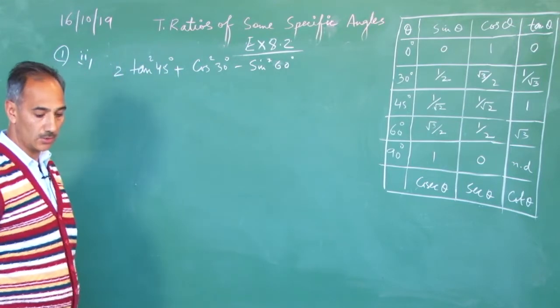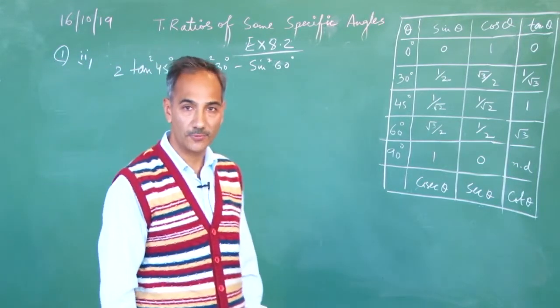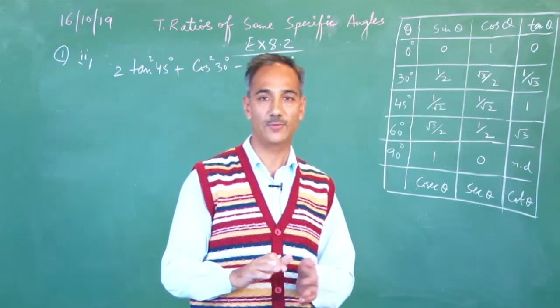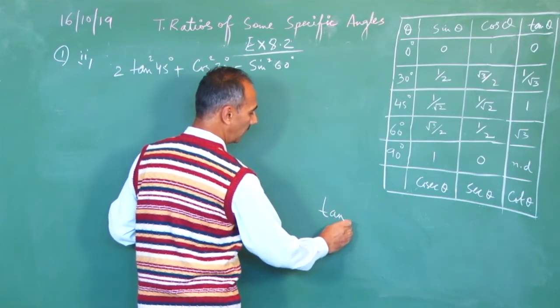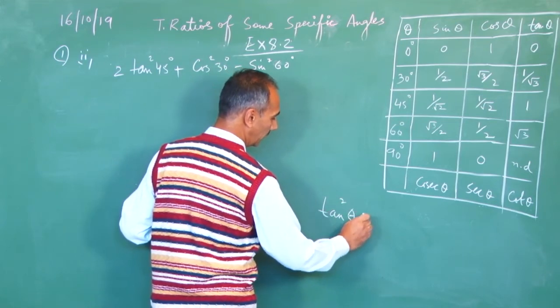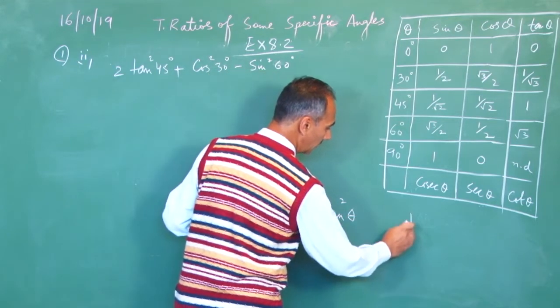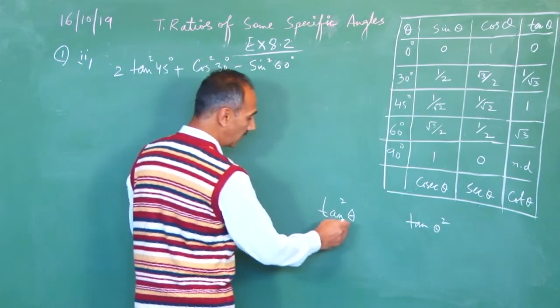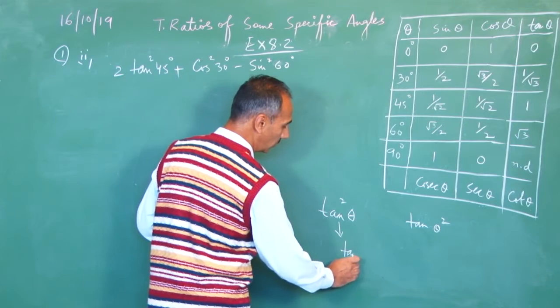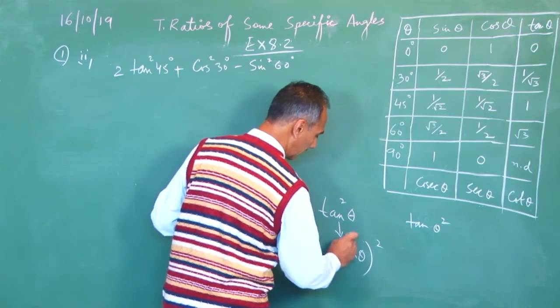So what do you mean by tan square 45? It means the value of tan 45, square that. There shouldn't be a confusion. If you have tan square theta, this doesn't mean tan of theta square. Tan square theta simply means whatever value you have for tan of theta, square that.